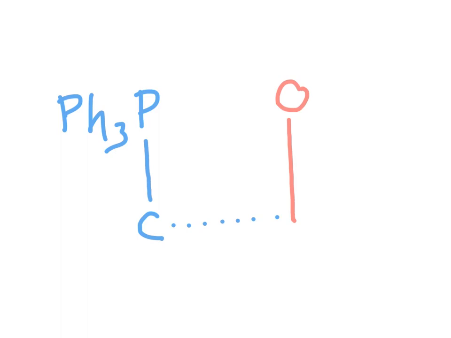The pi bond of that carbonyl is being broken, and you're forming a new oxygen-phosphorus bond. So that is a dotted line between oxygen and phosphorus. So again, you're just drawing in the bonds that are forming and breaking as dotted lines in the transition state.